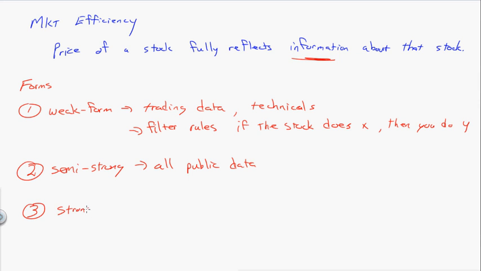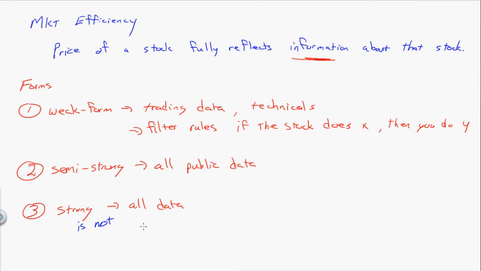Three is strong form market efficiency, and that's all data, public and private. If the market is strong form efficient, I can't make money even if I'm Bill Gates trading Microsoft. All right, so the question is, which one of these are true and which one is not? I'm going to say the market is not strong form efficient. Most people will agree with that.